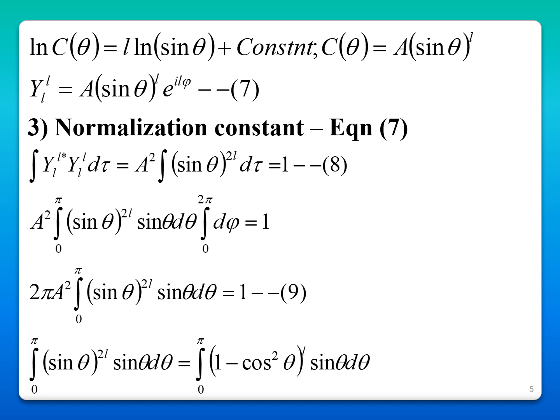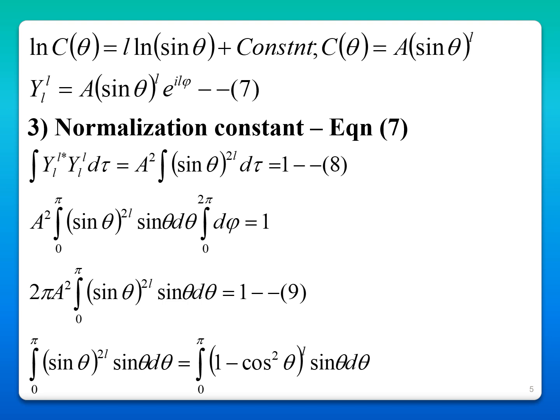And so C of theta is A times sin to the power l theta. If you substitute this in Y_ll, then Y_ll is equal to A sin^l theta e power i l phi. Next is to find out the value of A.